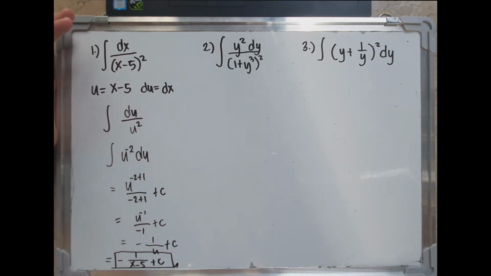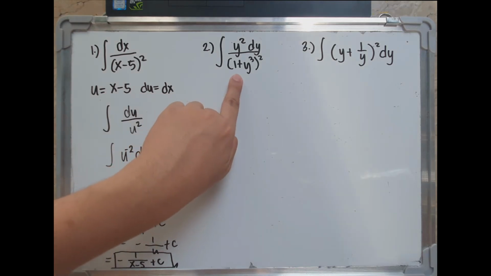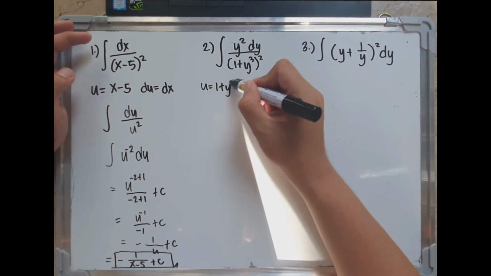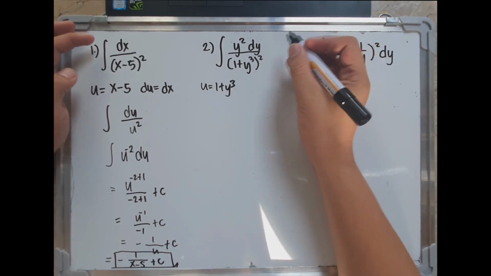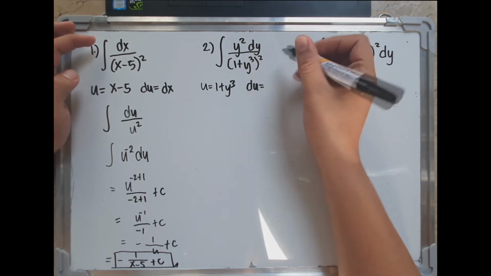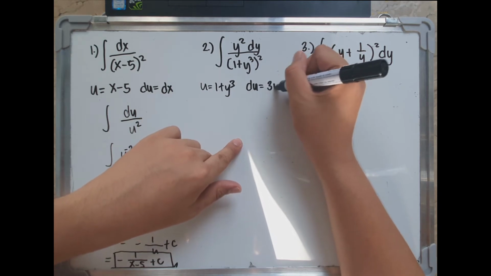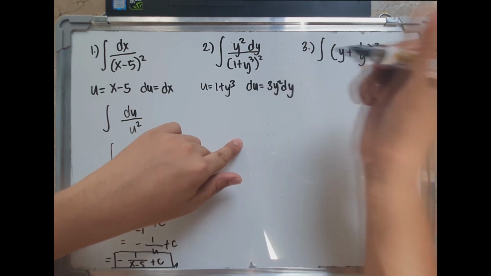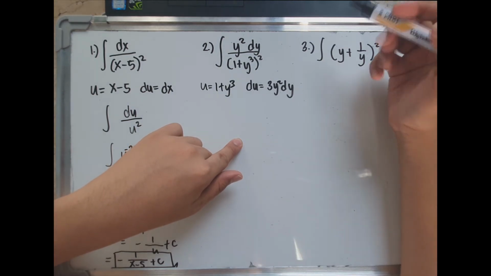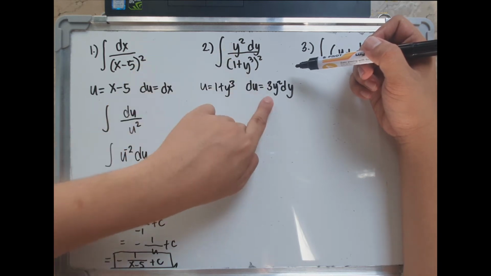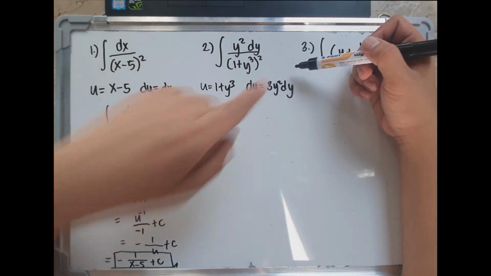Let's try to find if there is a direct derivative from the denominator. If we choose 1 plus y cubed as our u, the derivative of our u, the du, will become, the derivative of 1 is 0, the derivative of y cubed is 3y squared dy. Now, checking for the numerator, we have dy, we have y squared, and we only lack 3.